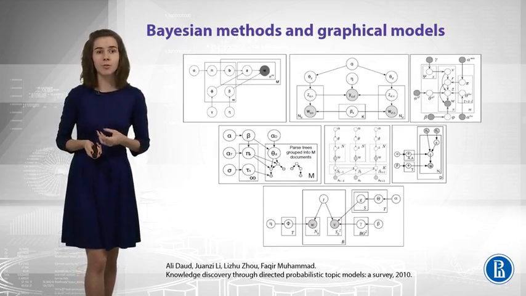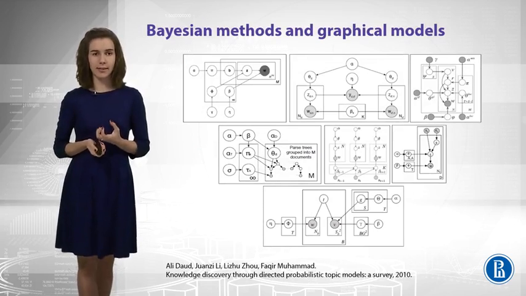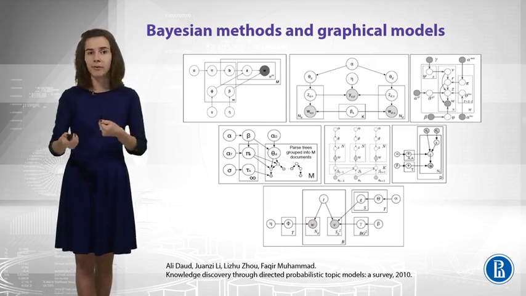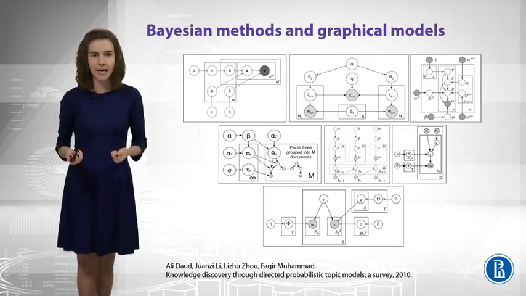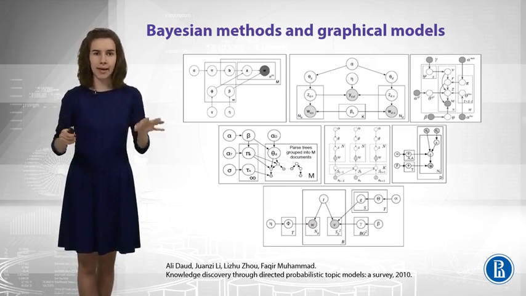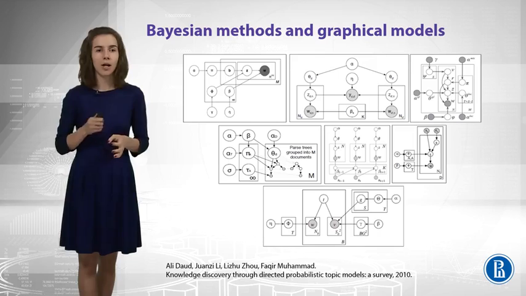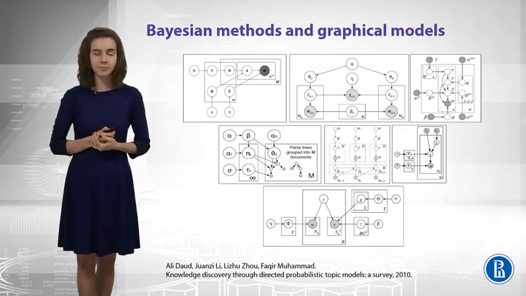So usually people use probabilistic graphical models and Bayesian inference to provide new topic models. They say, okay, we will have more parameters, we will have more priors, they will be connected this and that way. So people draw these nice pictures about what happens in the models.